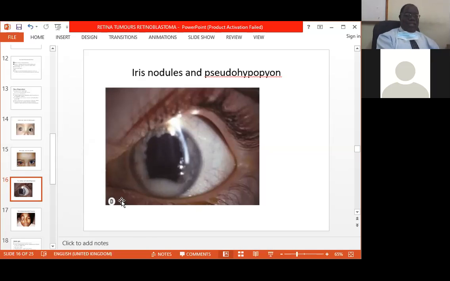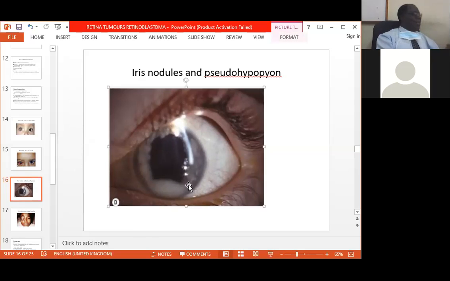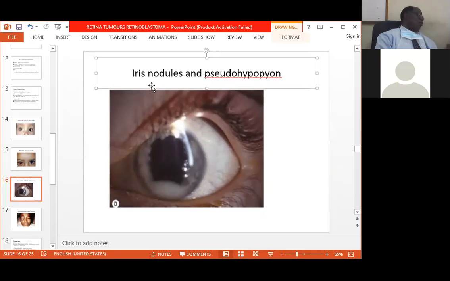But look, in this particular case, the sclera is all nicely white right up to the limbus, with a clear cornea, but it gives the impression of a fluid level within the anterior chamber with no evidence of inflammation. This is pseudohypopyon, very common in retinoblastoma. Tumor cells have spread into this level.